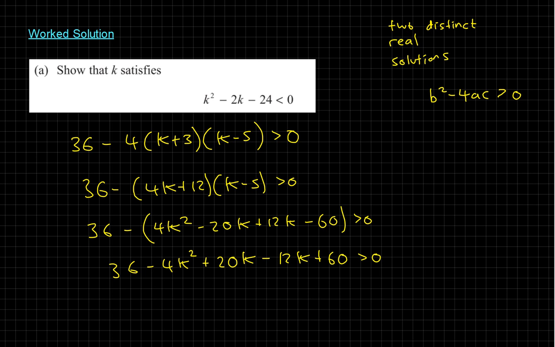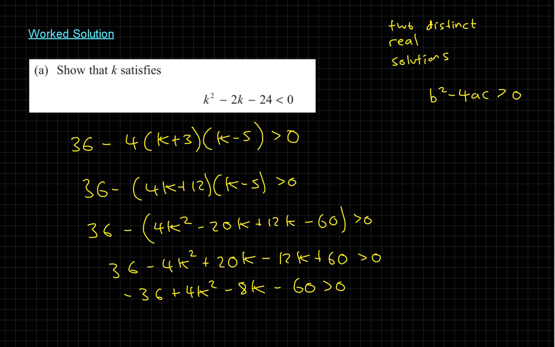All right, almost done. And I'm going to multiply everything through by minus 1 and simultaneously collect a few things. So that 20k minus 12k is 8k times the minus 1 is minus 8k. Here I've got minus 60 greater than 0.